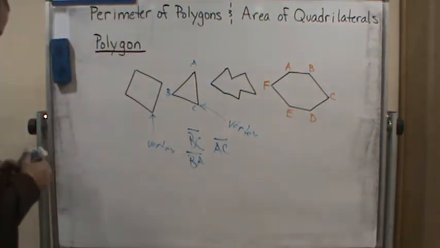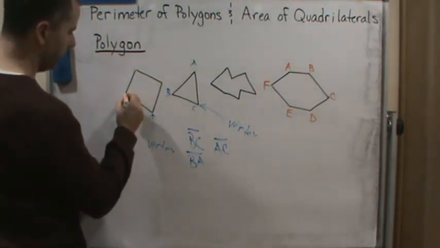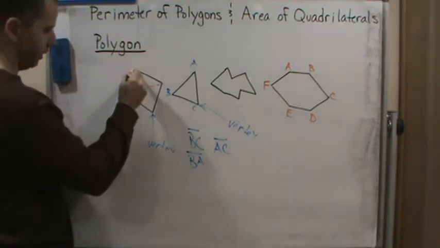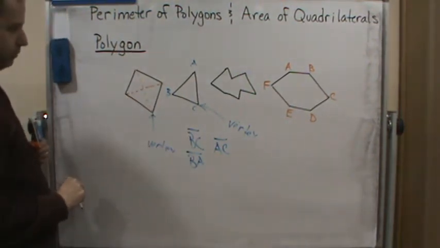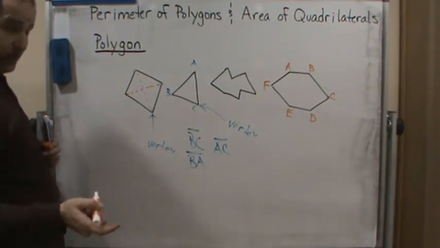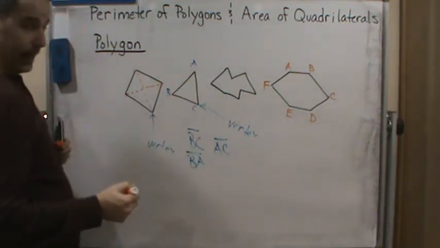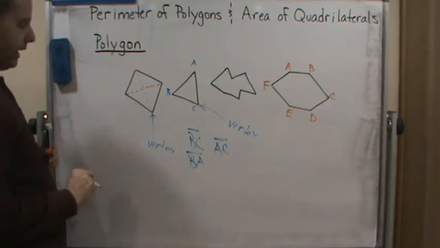For example, this would be a diagonal. This would also be a diagonal. Okay, those would be the only diagonals. Okay, this has no diagonals. Okay, so triangles have no diagonals.